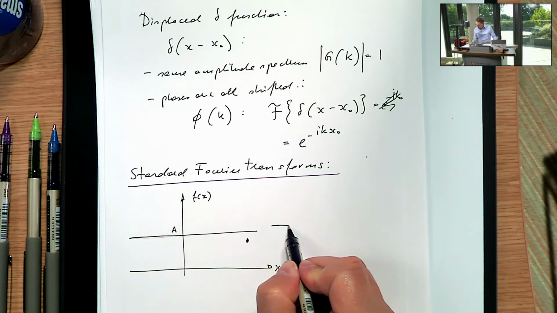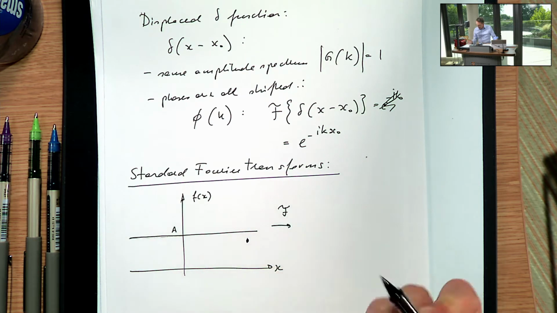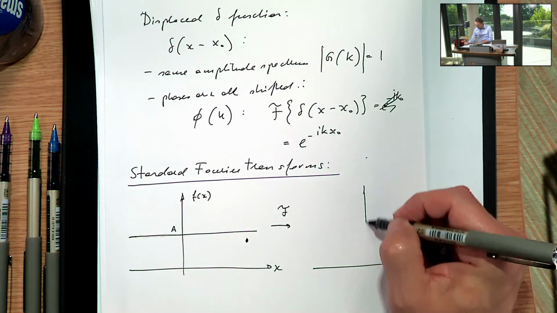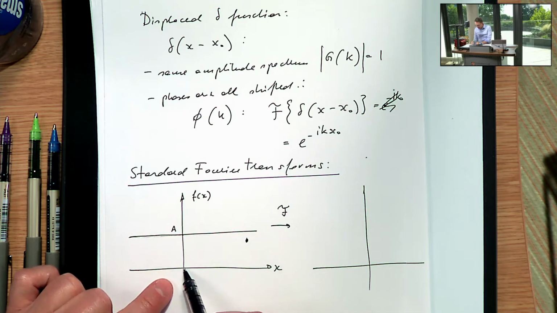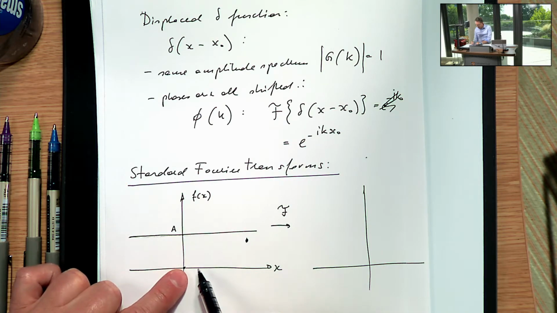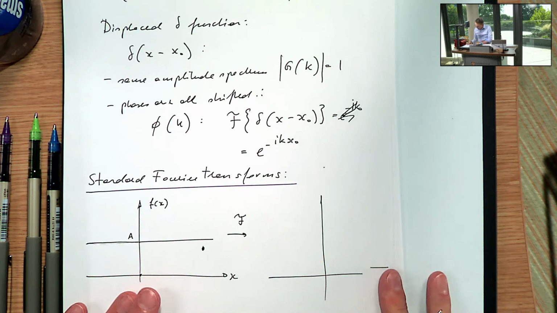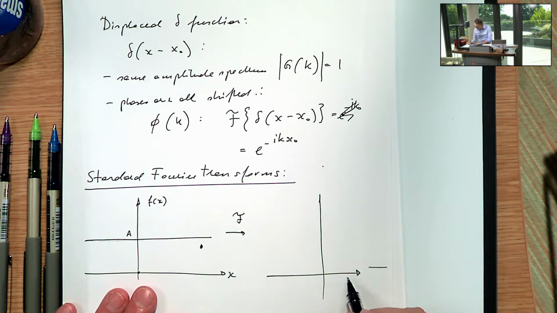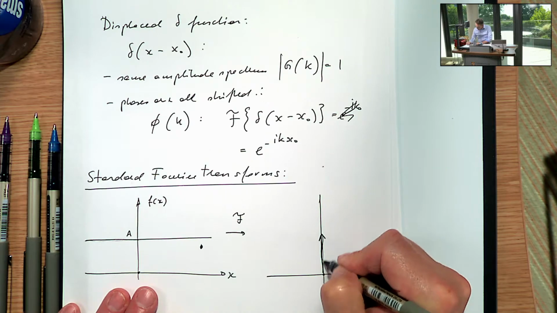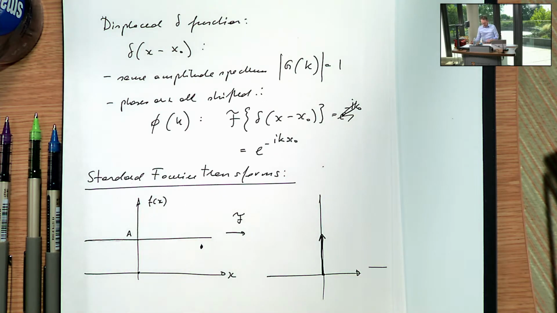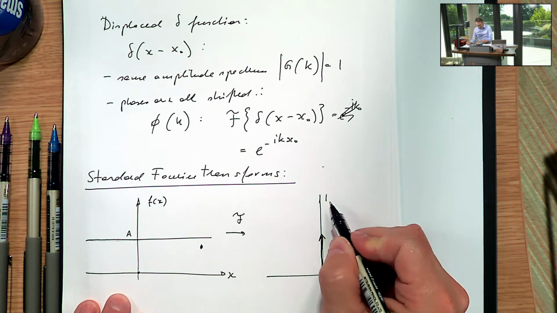Then the Fourier transform operation for this, well, what does that yield? This means that the frequency spectrum here just has one component.